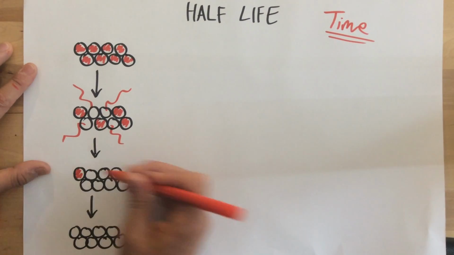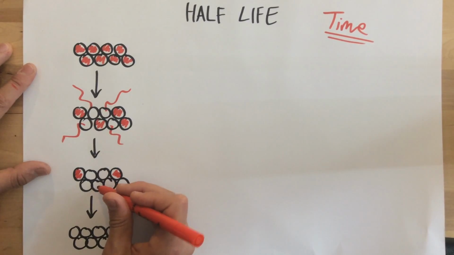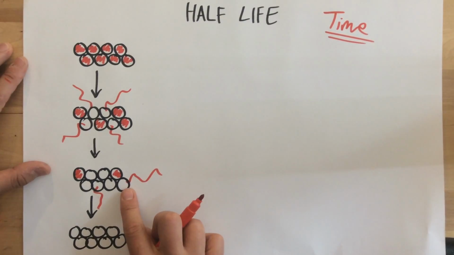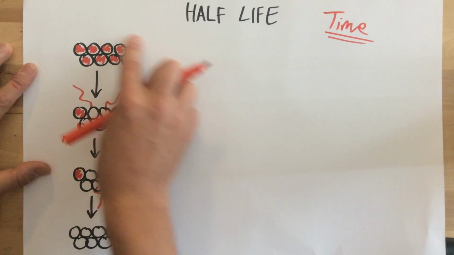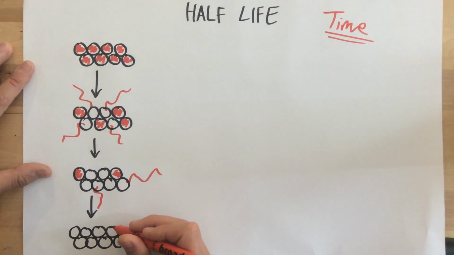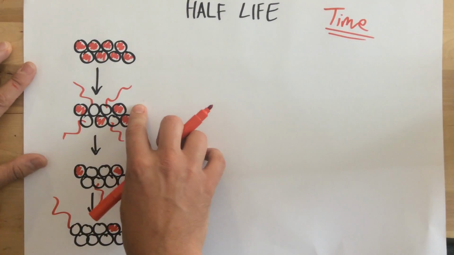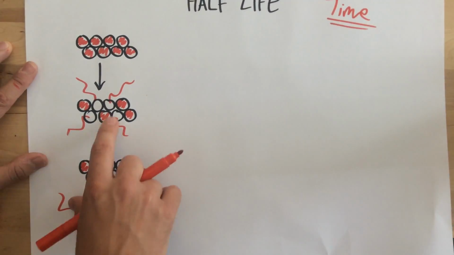Between these 2 places, another 2 are going to decay, and more radiation is emitted by the ones that have just decayed. So this time in between half of the nuclei decaying is called the half-life. And as we can see, each time we have decay, less radiation is emitted at each point.